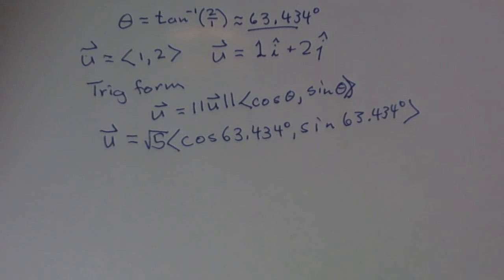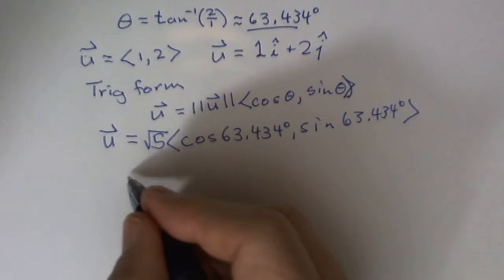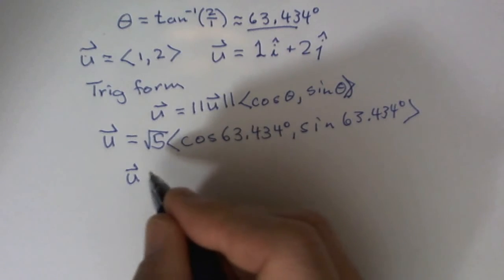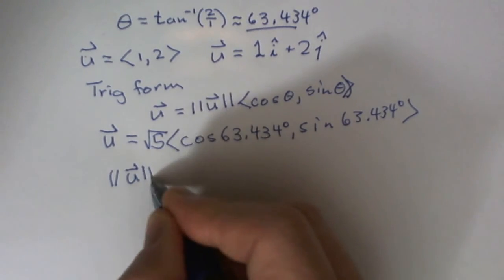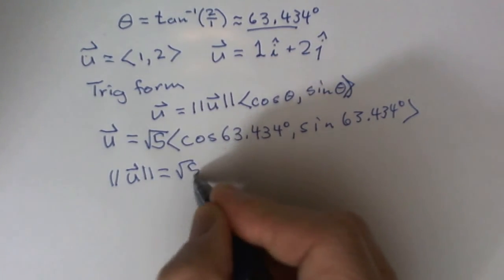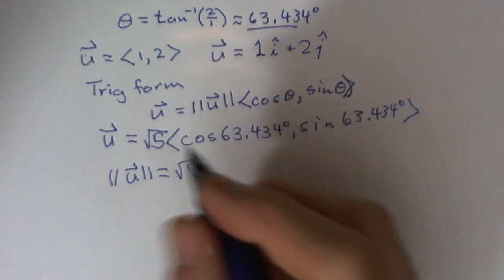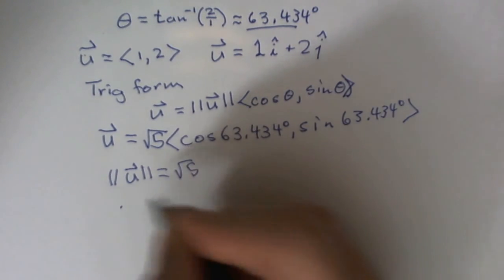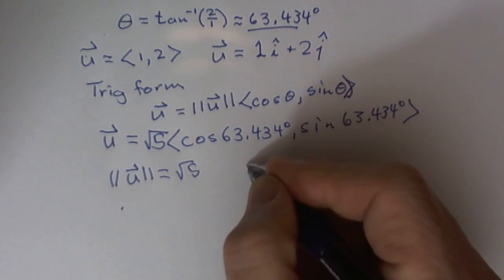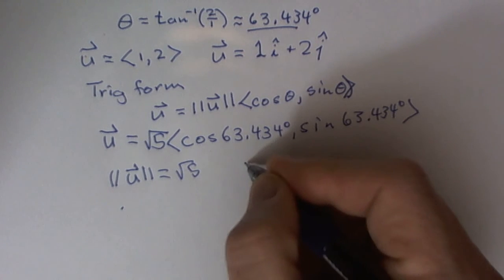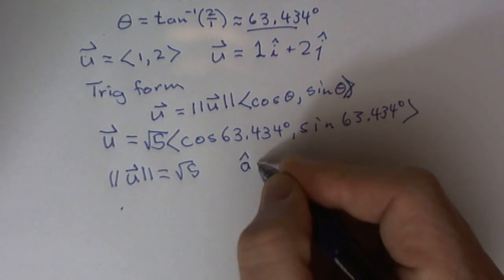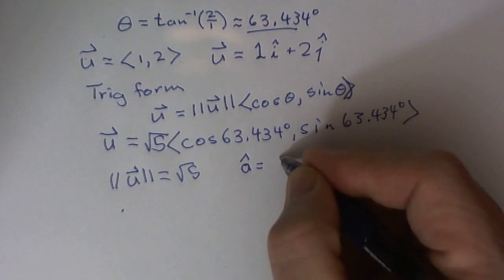In other words, we want a vector of magnitude 1. Let me just call this vector A.